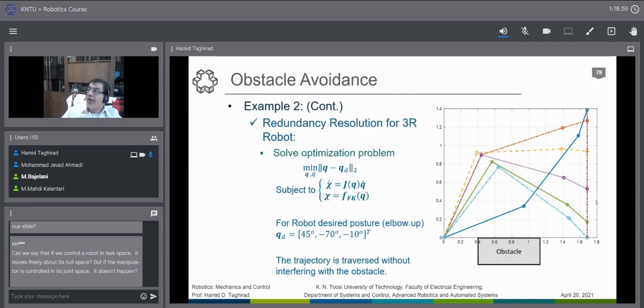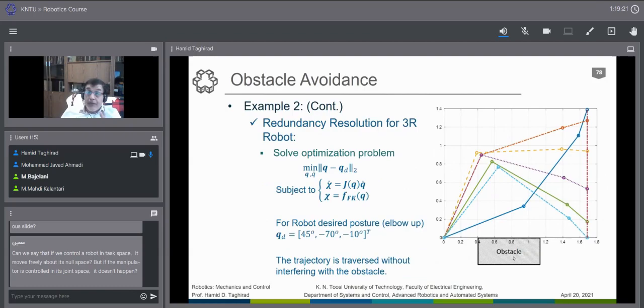It will traverse the trajectory quite accurately with the elbow up, and there is no obstacle collision here, and the system is working quite well. Very, very illustrative example. I like it very much. I hope that you like it too.